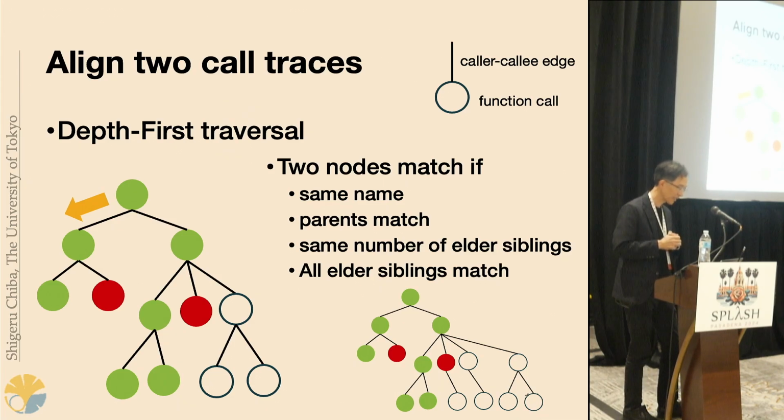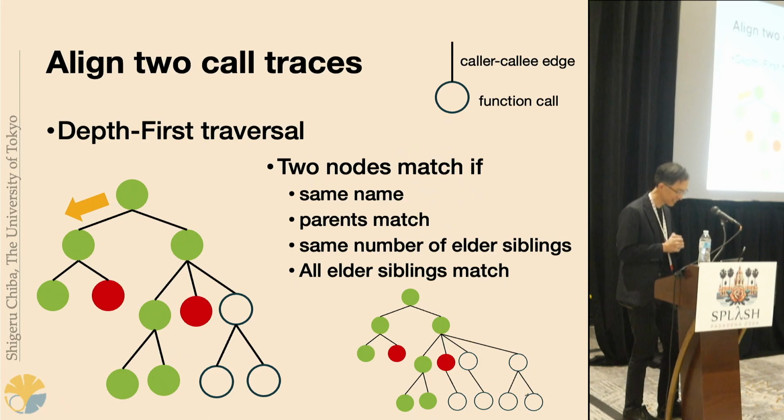The two nodes match if they share the same name, they share the same matching parents, and they have the same number of elder siblings, and all the elder siblings are also matching.